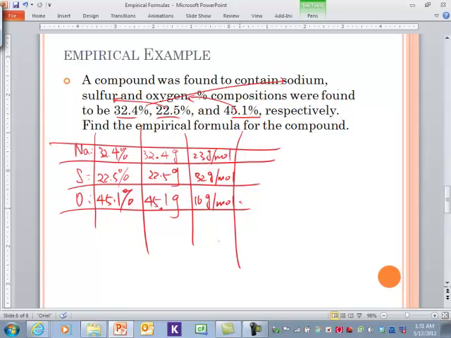So you now take that, and you can find the moles for each element present in the compound by taking the mass divided by the molar mass. Or if you're not feeling comfortable with the proportionality, you can use dimensional analysis. You start with the grams of the element, and you want to get to moles of the element.